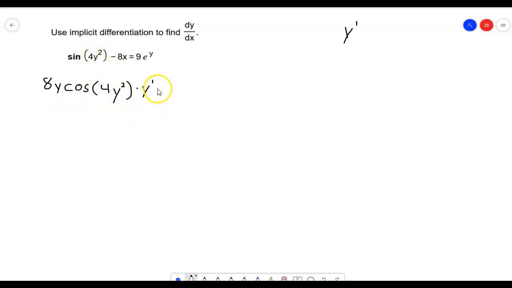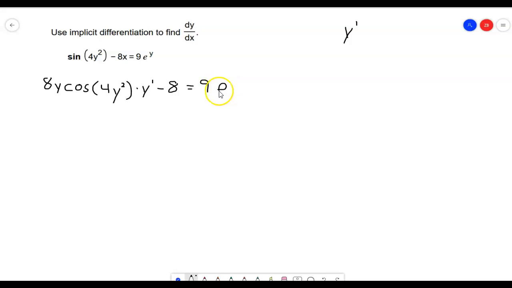Now, minus 8x, just using the power rule, becomes an 8. And that's going to be equal to 9 e to the y. Well, e to the y is what? e to the anything is just that thing times the derivative of that thing, right?